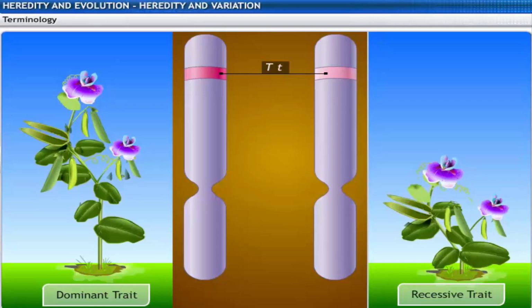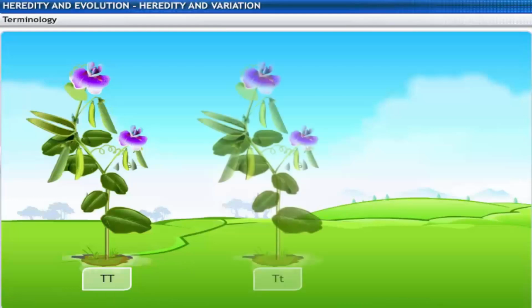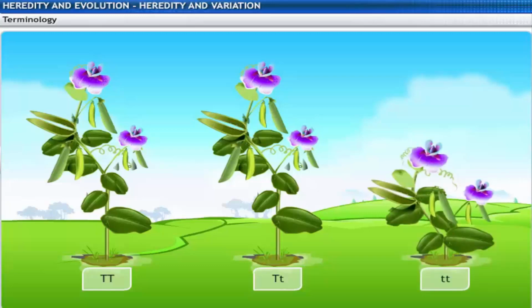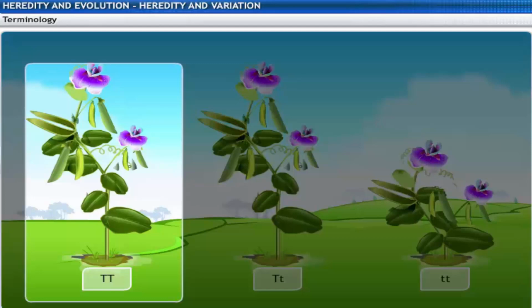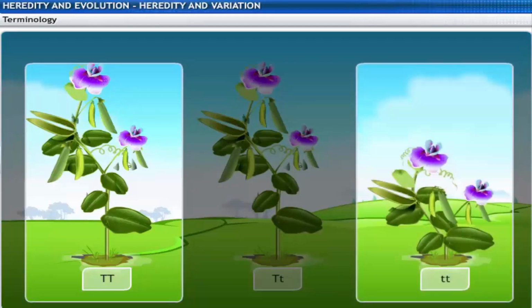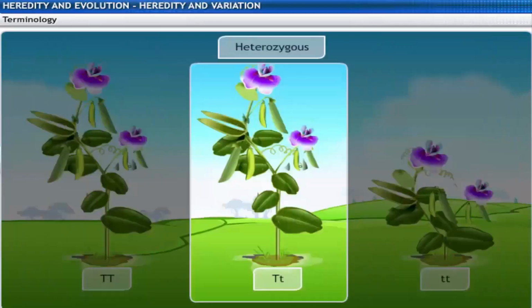These alleles combine to make a genotype such as TT, Tt, or tt. TT and tt are homozygous, and Tt is referred to as heterozygous.